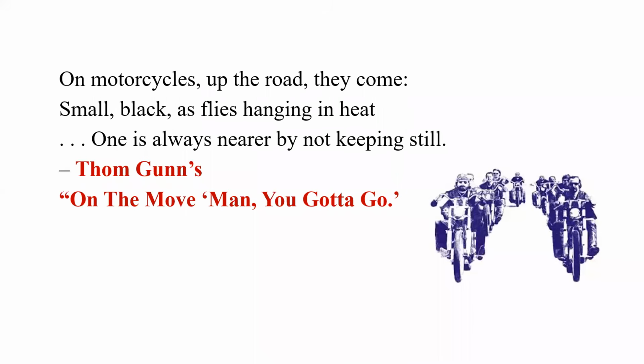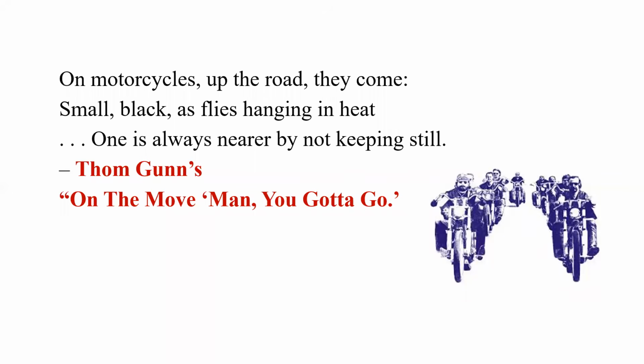Another famous poem is by Thom Gunn, On the Move. Man, you gotta go. It talks about bikers, a group of bikers, who just go on and on. They don't bother about anything. It also talks about hippie culture and the beat generation, but it's a kind of defense. These motorists on motorcycles up the road, they come, small, black as flies hung in heat, a kind of simile.